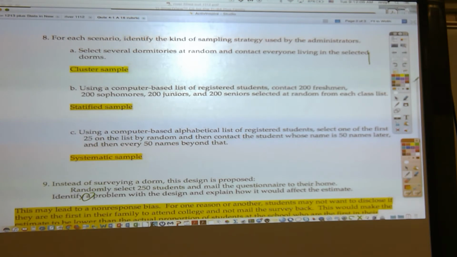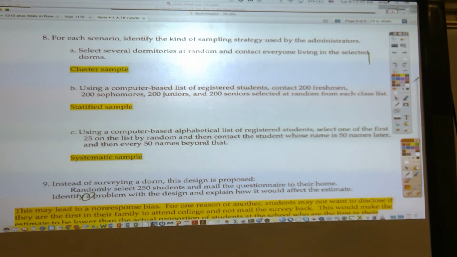Further questions on the quiz? For the bias entry, we just have to say what type of bias it is. Which one are you referring to? Number 6.